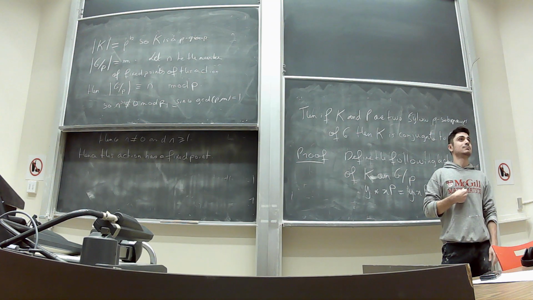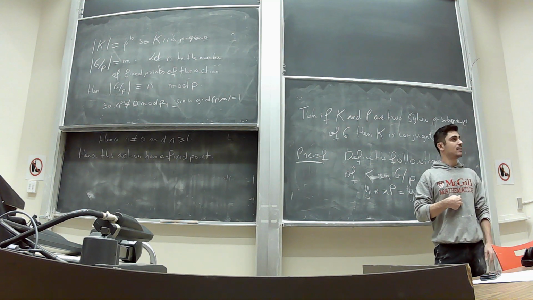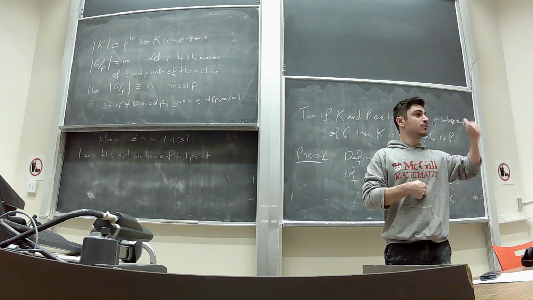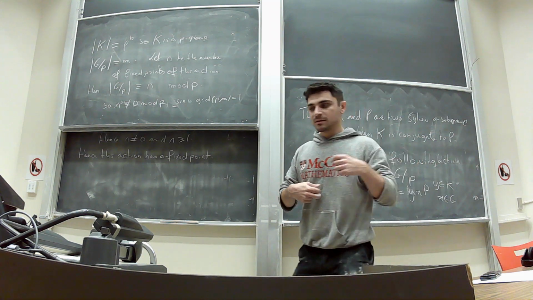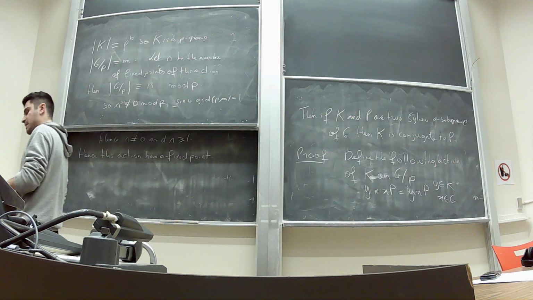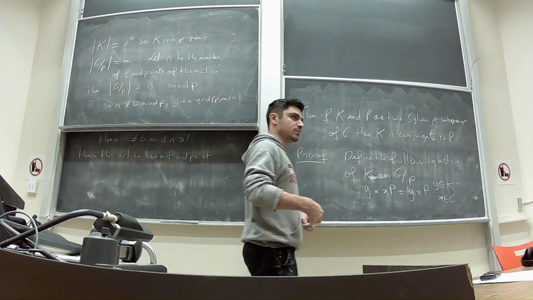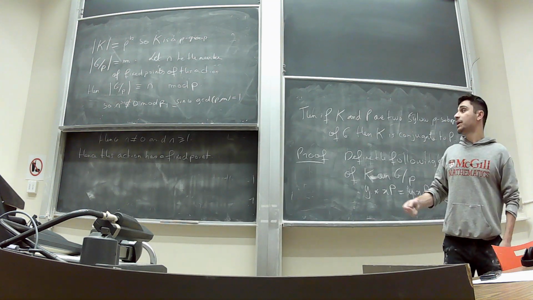Why, if you let n be the number of fixed points, is the order of G mod P congruent to n mod P? Previous theorem: if you have a P group acting on a set, the number of fixed points is congruent to the size of the set mod P. Okay.